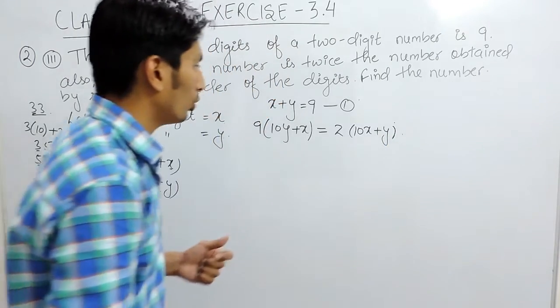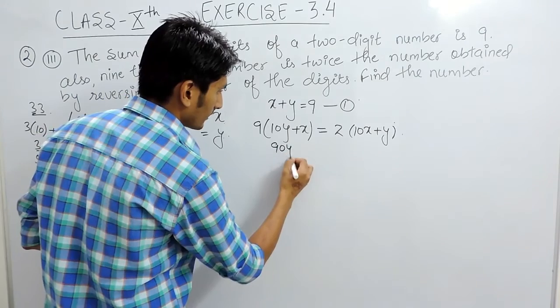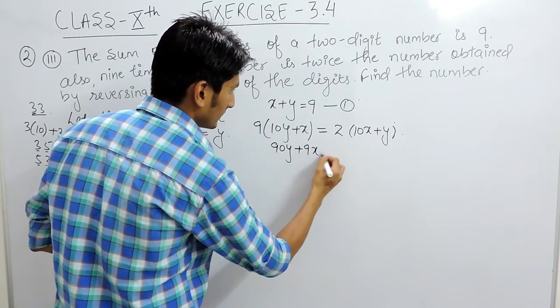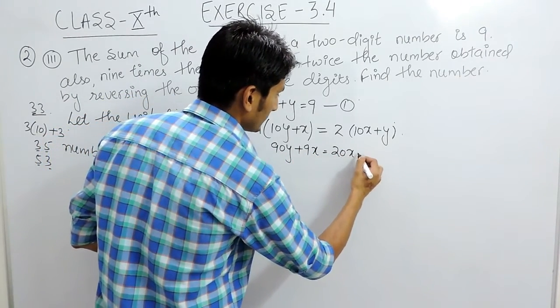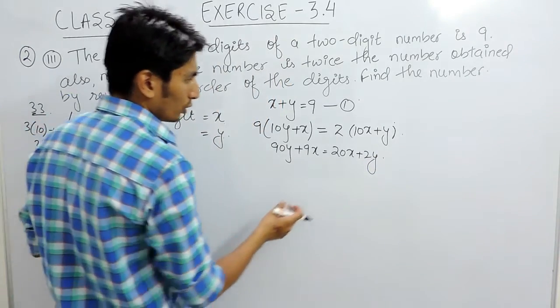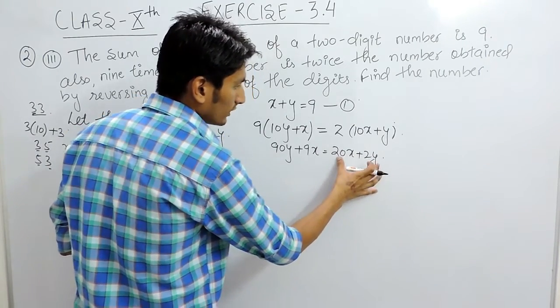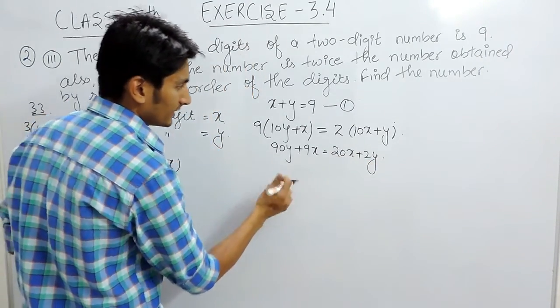You can solve it by opening the bracket. So this will be 90y plus 9x, and this will be 20x plus 2y. So all the values I am shifting to that side.